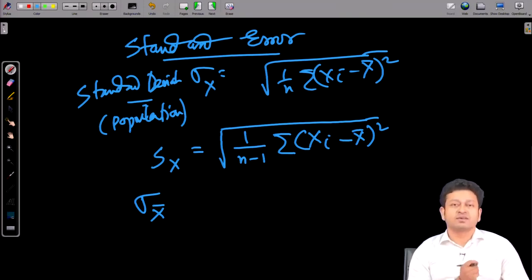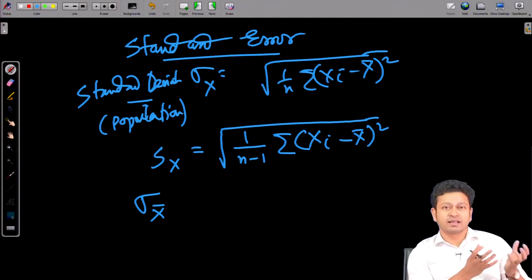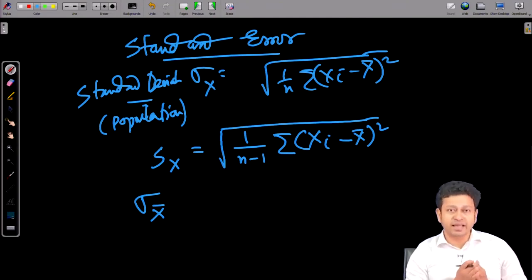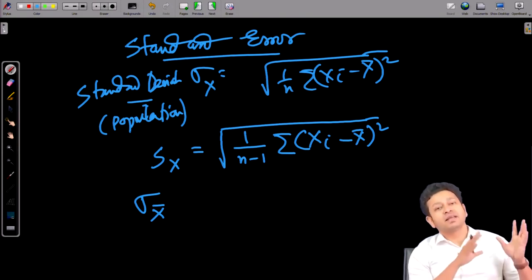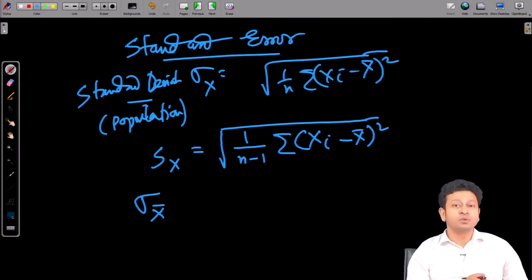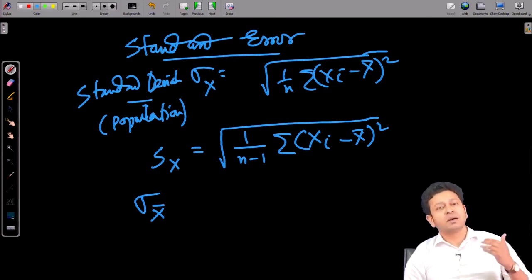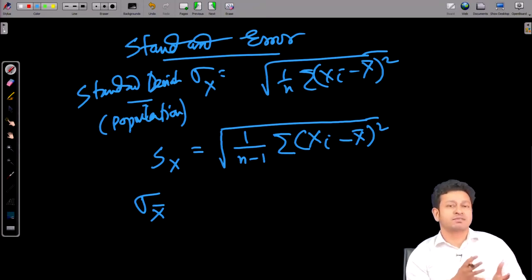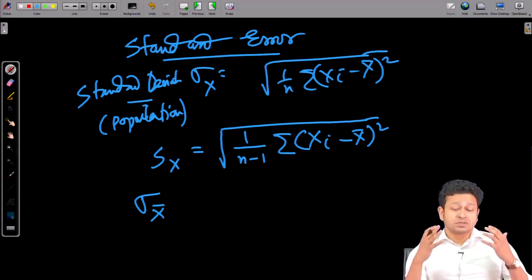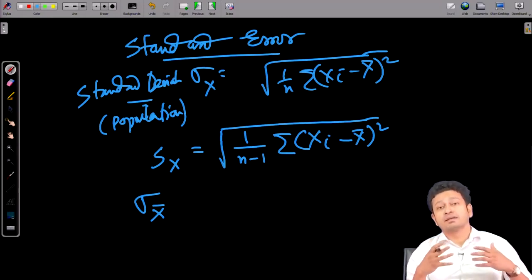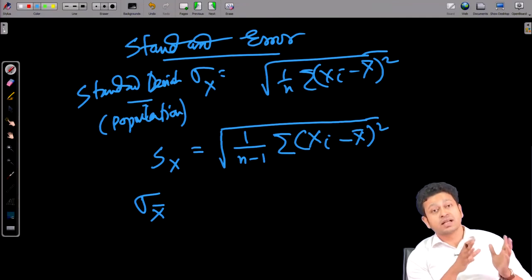The moment we don't take the observations time and again and calculate the standard deviation of the means, we take all the observations in one go, and it is a simulation that statisticians have come up with, that you just divide by the square root of n, and that will give you the standard error for the mean.